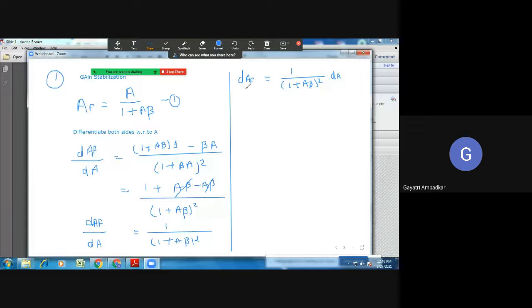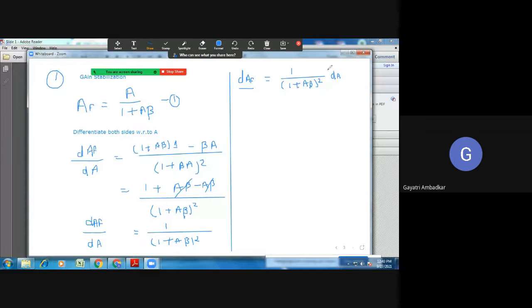What does it mean? Compare the changes in the gain with feedback: it is the changes in the gain without feedback divided by 1 plus A beta, whole square.